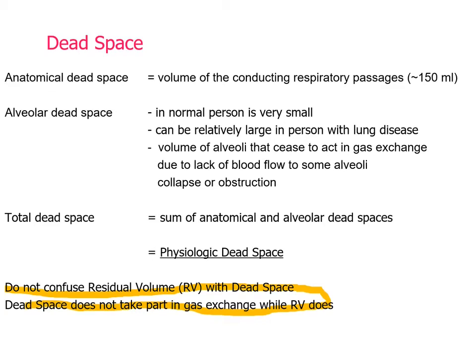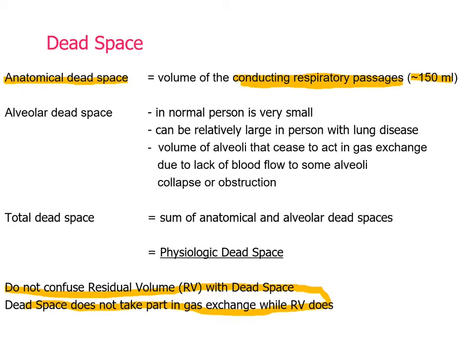So you have two types of dead space. One is anatomical, which is the volume in the conducting airways, the conducting passages. It's about 150 mils. In a normal person, alveolar dead space is exceedingly small, tiny.